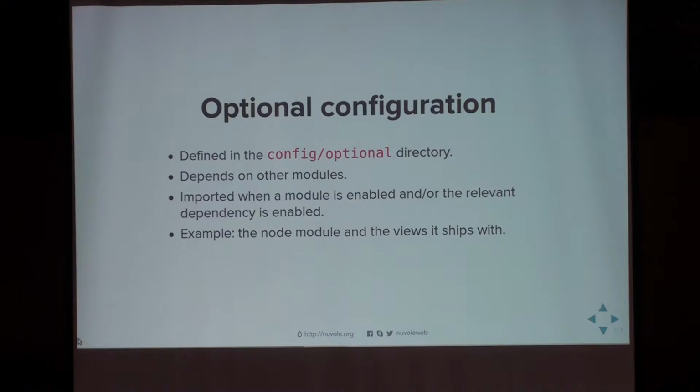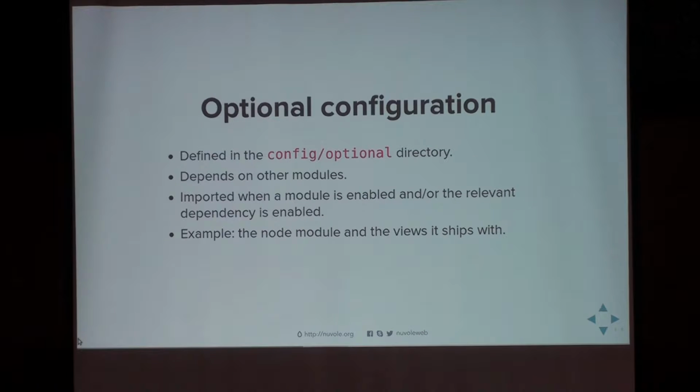And in addition to this default configuration that the module needs to install, or that the module depends on being installed, there's also the optional configuration. And there you can ship configuration that only gets enabled when the relevant dependencies are met.